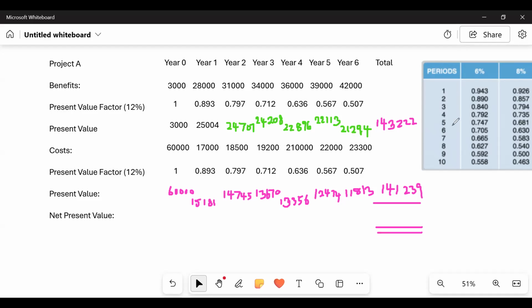So this is the total benefits you are getting, and this is the total cost for the current year. You see, you get a positive value, 1,983. If this is positive, that means it's a profitable one.